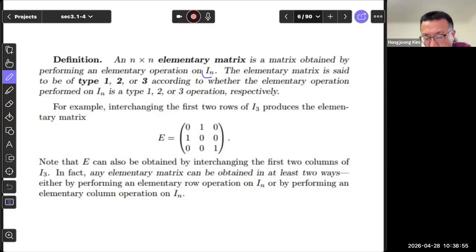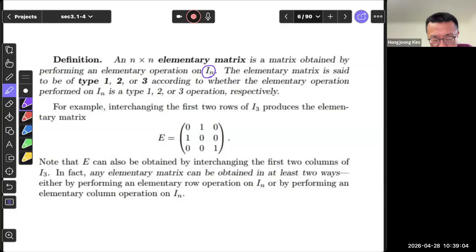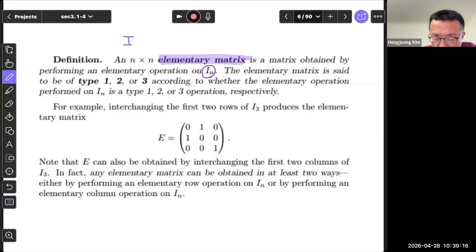When you perform an elementary row or column operation on the identity matrix, the resulting matrix will be called an elementary matrix.